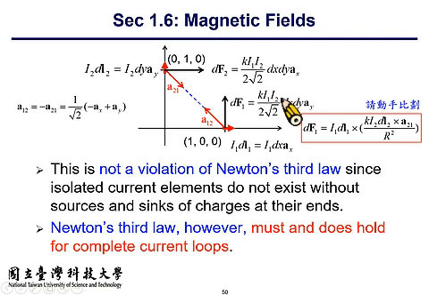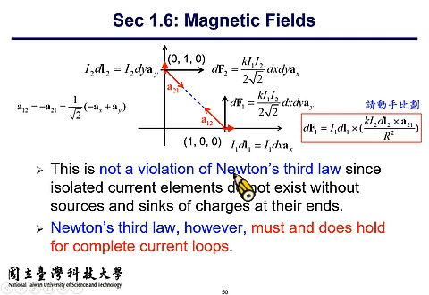But this is not a violation of Newton's third law because isolated current elements do not exist. They need to be accounted for as a whole. Currents always form a loop, so the overall effect of magnetic force is acting on the whole loop.